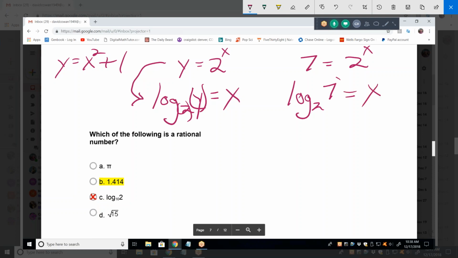Well, believe it or not, I can go into a calculator and figure out what that is. Calculator has log tables. When I was in high school, you didn't have calculators that could tell you what logs were. And at the back of every math book, they had these big long tables where if you wanted to know what the log base 2 of 7 was, you could look it up.